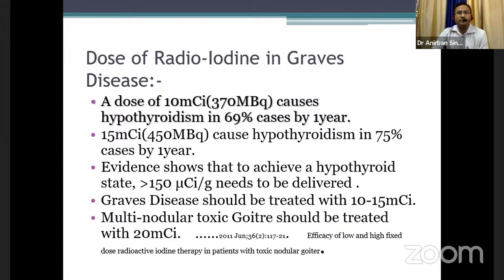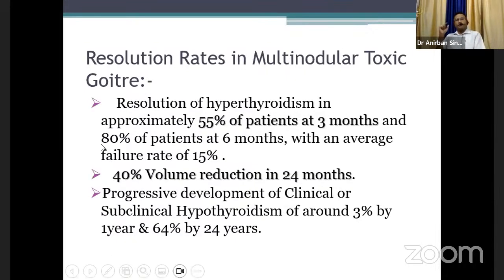With 10 millicurie, hypothyroidism occurs in 70% by 1 year. With 15 millicurie, 75% by 1 year. We commonly use a fixed dose, and there is evidence to go ahead. For large goiters, give 10 to 15 millicurie, not per week or a higher dose, because they are more resistant, and 20 to 25 days are required.